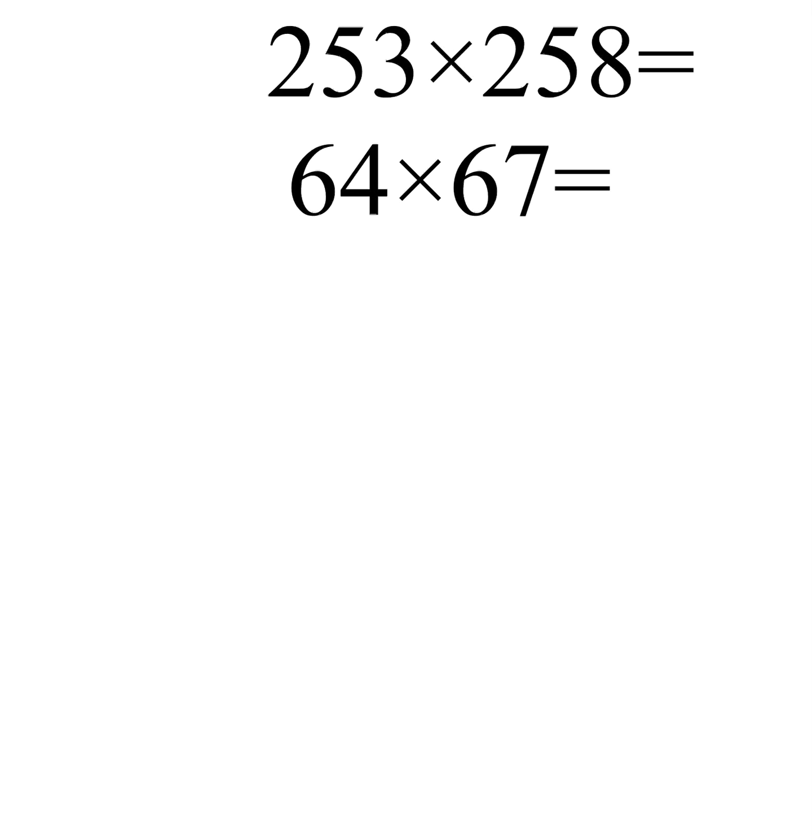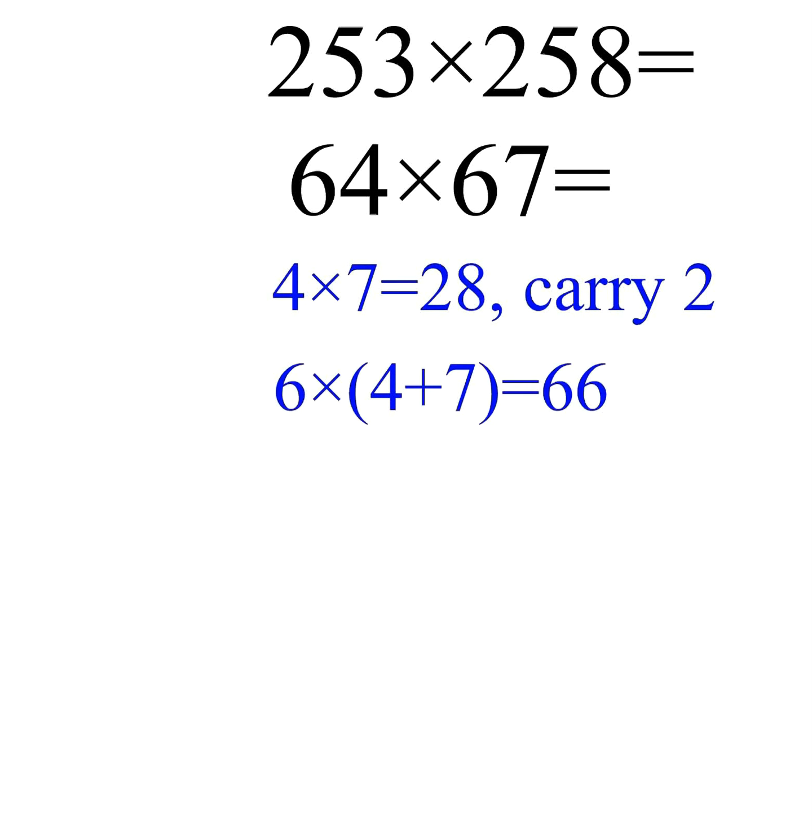So again, we multiply the ones places into each other. So 4 times 7 would be 28, and we carry 2. Then we multiply the common digit into their sum. 4 plus 7, that would be 11, times 6 is 66. Plus 2, we carried before, that would be 68.